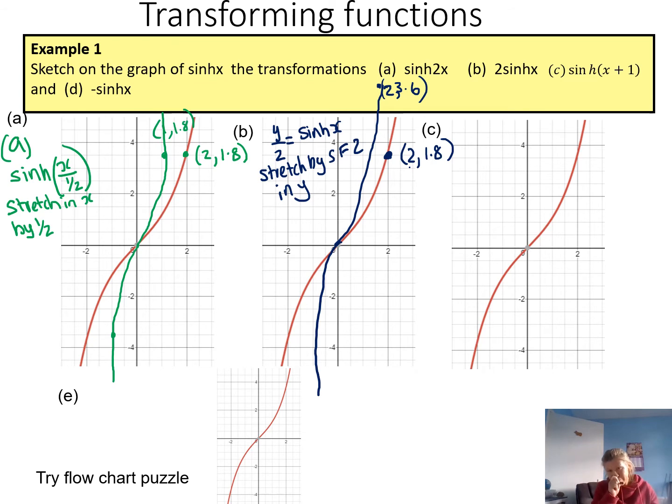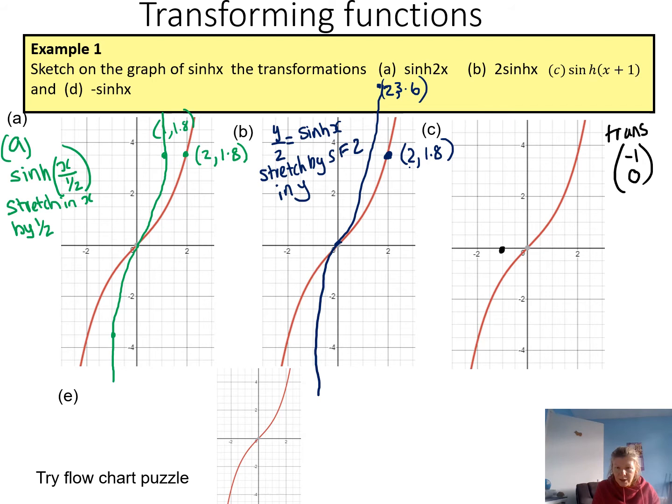Right, C. What's this? So what have they done? We've replaced x with x plus 1. So it's a translation, and because it's in the x, it's always replaced x minus, so it must be -1. So it's a translation -1, 0. So 0, 0 becomes -1, 0.